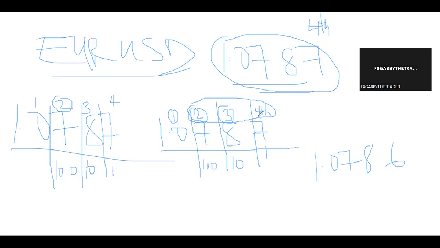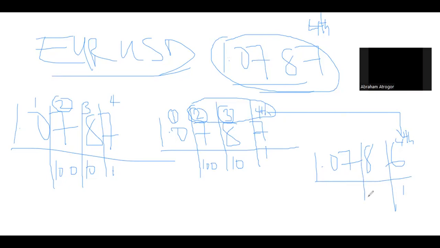Where did the value change? The value changed at this side of the figure, right? It changed at the number 1 position, where we had the 4th decimal. Am I correct? See it now, match it. That is where the value changed. Is that not so? Yes, sir. That's absolutely true.